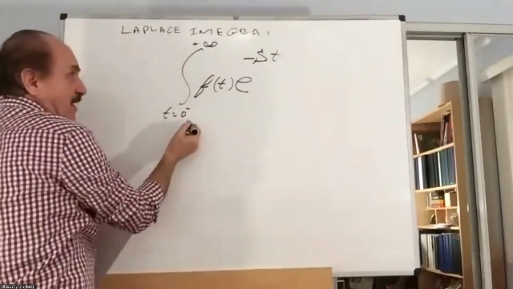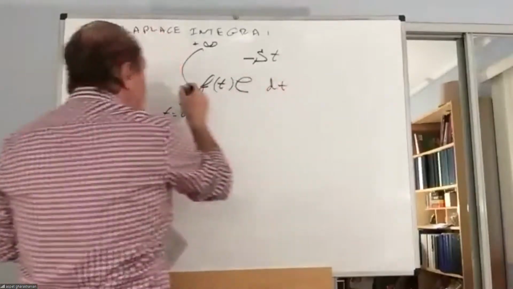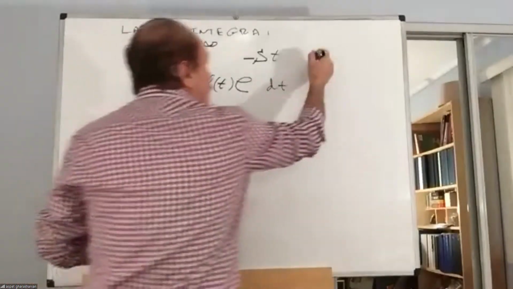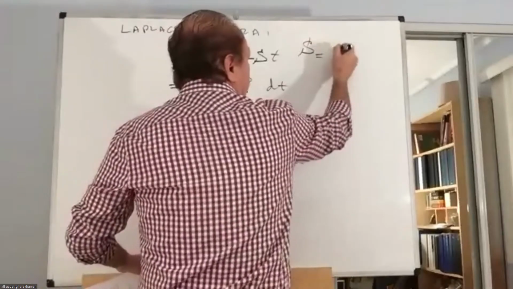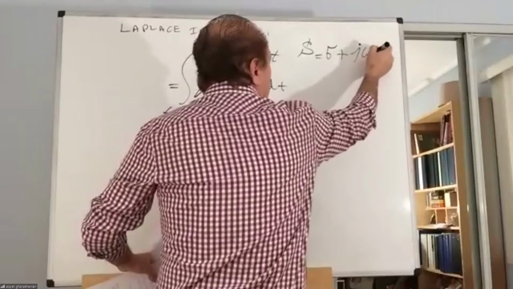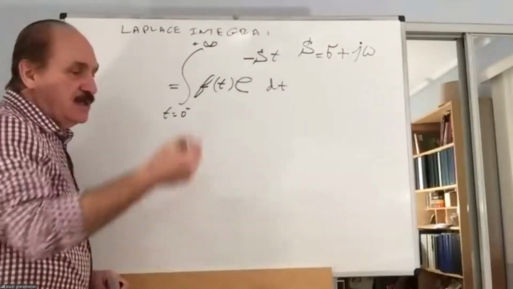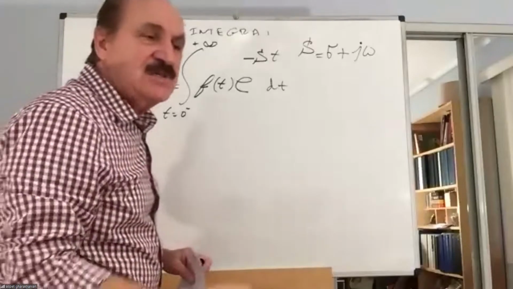This is, of course, time. Time is the variable, and s is a complex number comprised of a real part and an imaginary part. s can be placed in a plane, which is known as the s-plane.